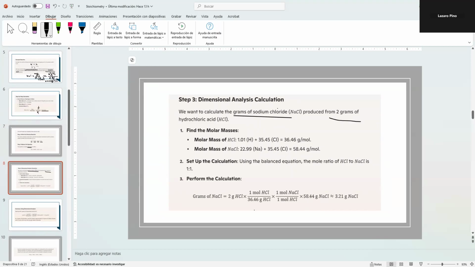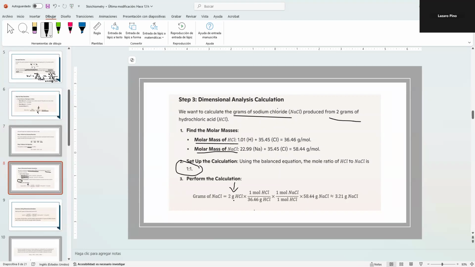First we have to calculate the molar mass of hydrochloric acid and the molar mass of sodium chloride. And from the equation, we can see that 1 mole of hydrochloric acid produces 1 mole of sodium chloride.